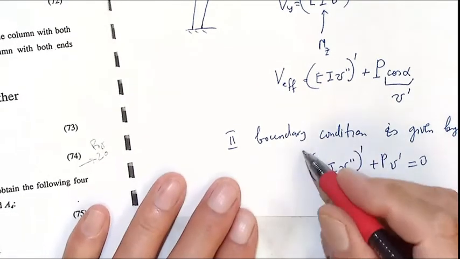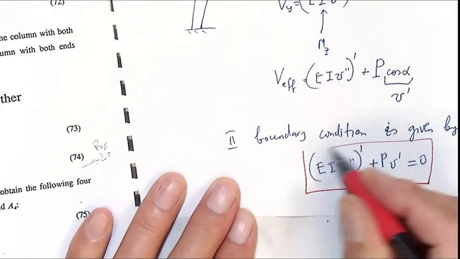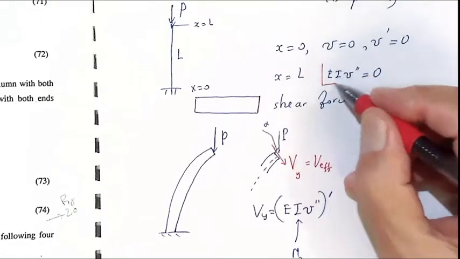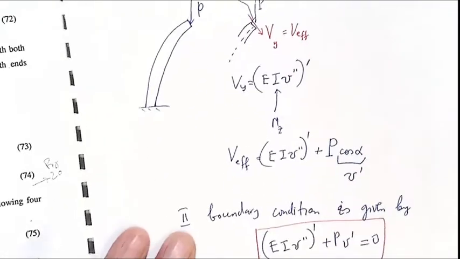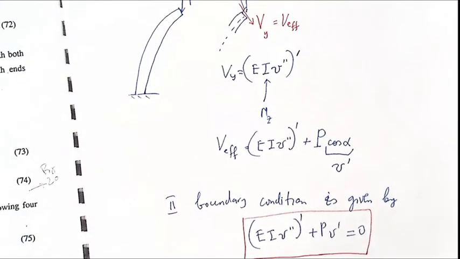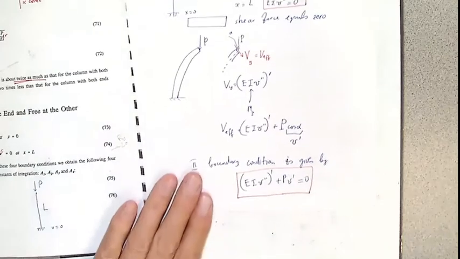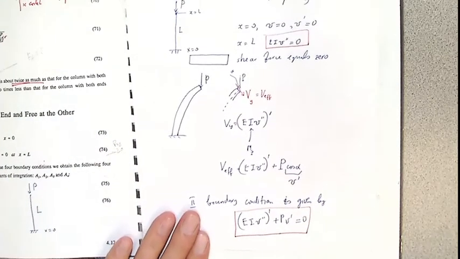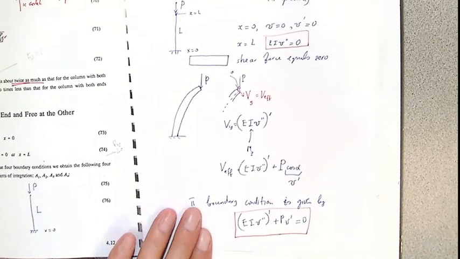So we have this one and this boundary condition at the end. I will leave it for a moment so that you could write down. I will zoom so that you could see the whole page.